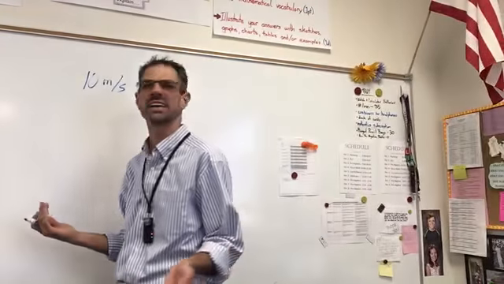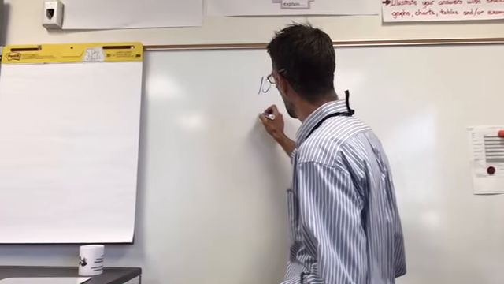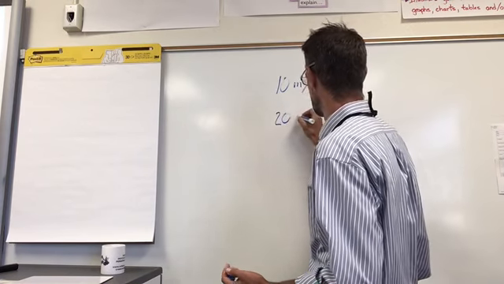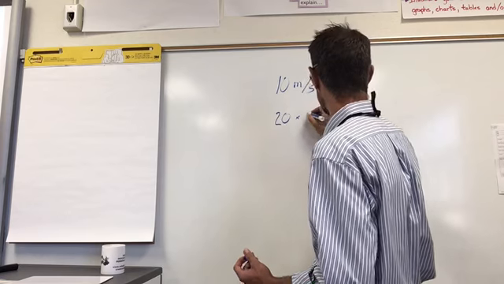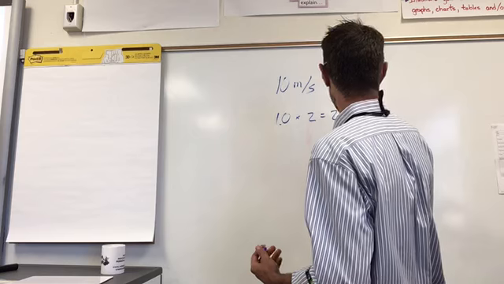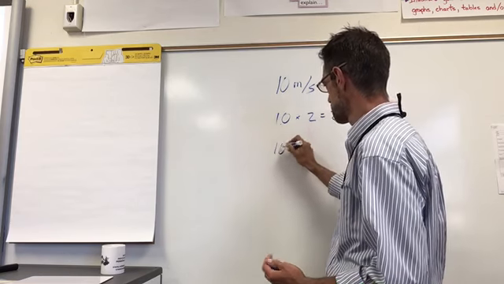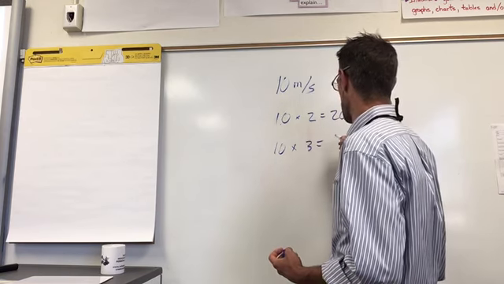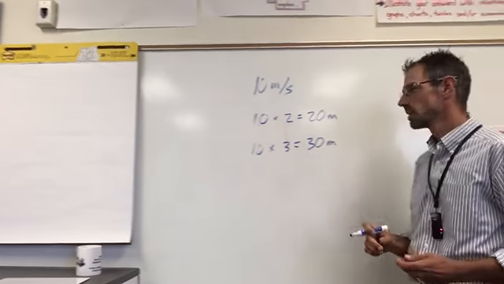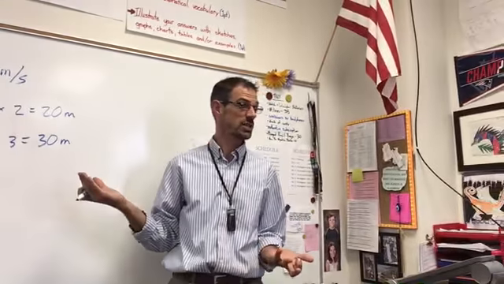How far has it gone in 2 seconds? 20. So in 2 seconds, 20 meters. 3 seconds, 30 meters. This equation is the equation that you need.